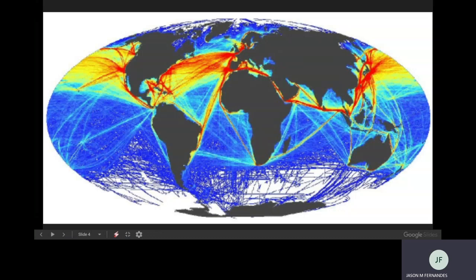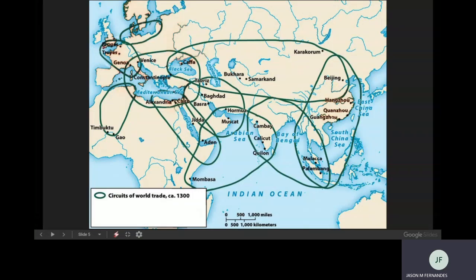So if we look at 1200 to 1500, the world's a very different place, right? You have these circuits of trade that are all kind of centered on Afro-Eurasia. Of course, the Americas are a completely different system. They're not connected yet, right? So if we look at Afro-Eurasia, the one we'll be primarily focused on today is this Indian Ocean system.